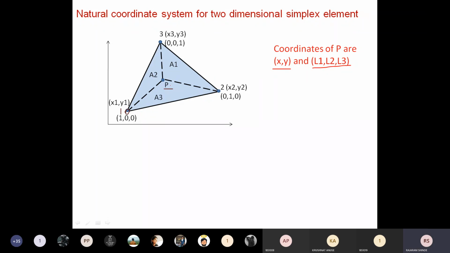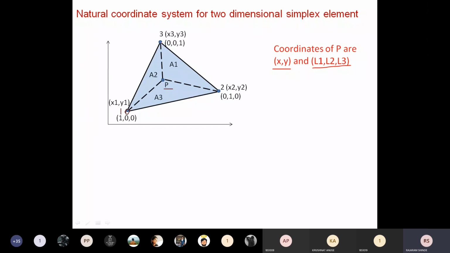Now I want to find the natural coordinates. For finding the natural coordinates, I have divided this triangular element into three triangles with the help of this point P. I have joined point P with the nodes, that means 1 to P, P to 2, and P to 3.